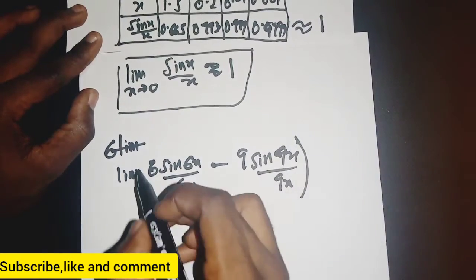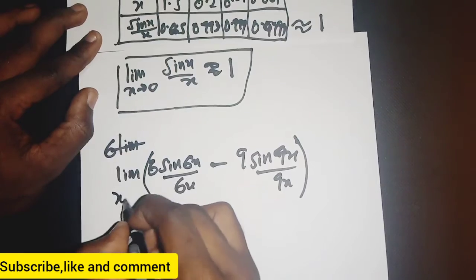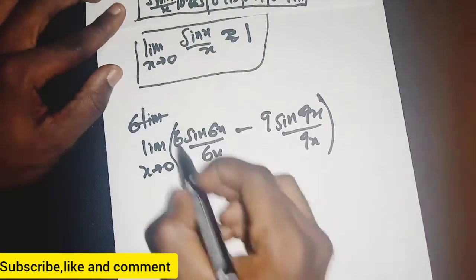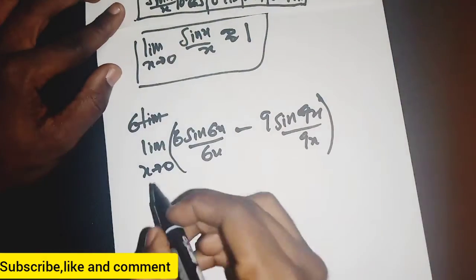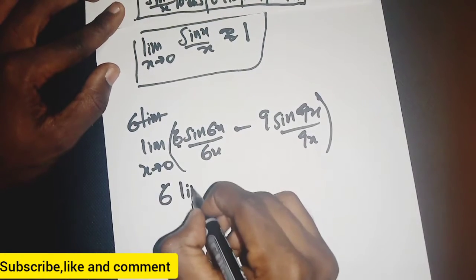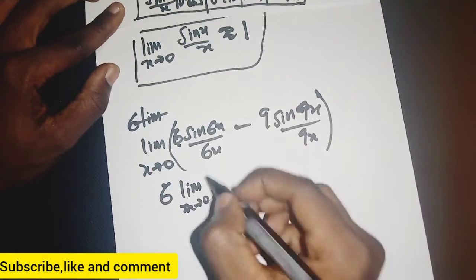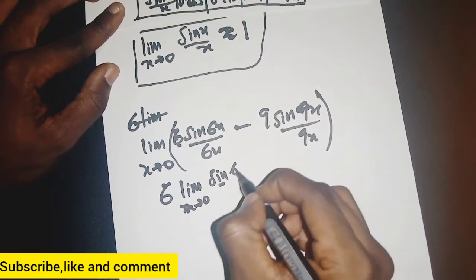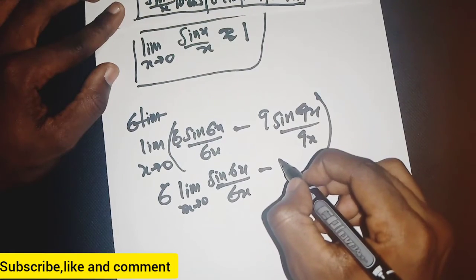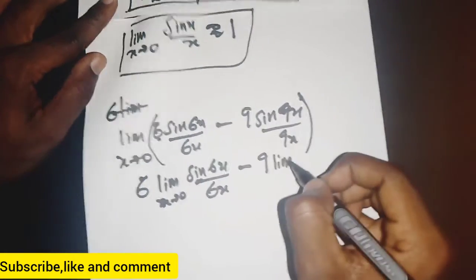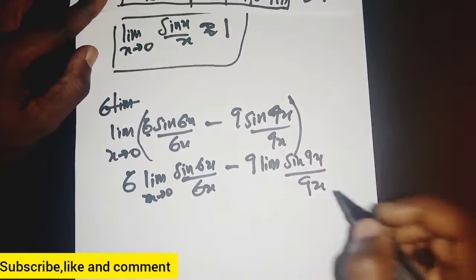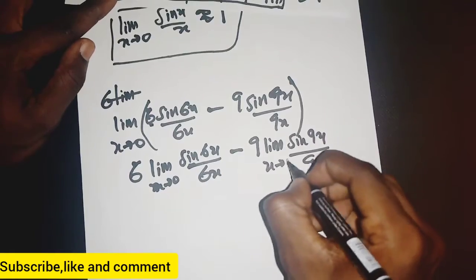So we have that here as x is approaching 0. With this, now let's take the limit of this side and the limit of that side. So let's bring the 6 out. Take the limit as x is approaching 0 of sine 6x over 6x, right, minus 9 outside, then the limit of sine 9x over 9x as x is approaching 0.